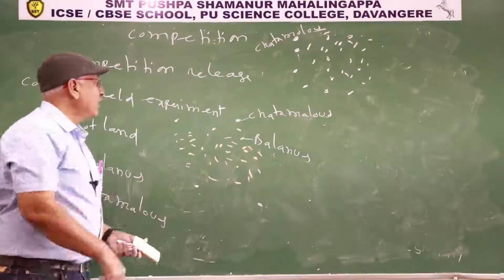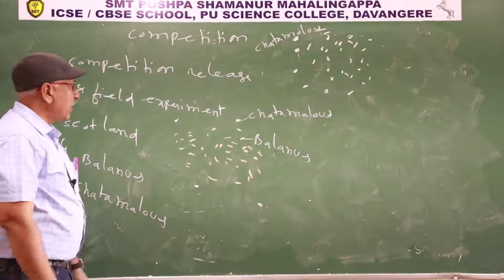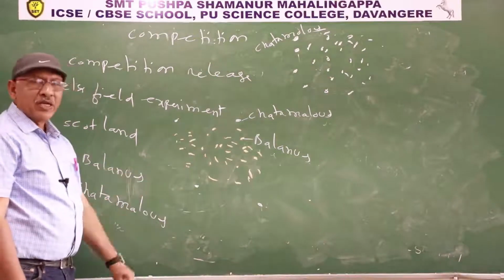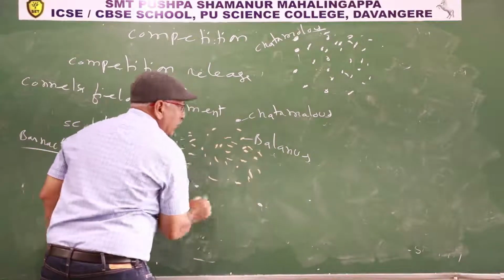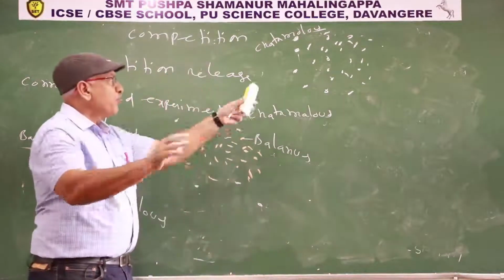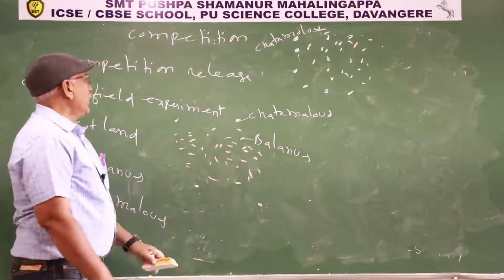So it indicates competition between Balanus and Chthamalus. In presence of Balanus, in this diagram there are only 4 Chthamalus and the remaining are Balanus. Once they removed all Balanus, the entire area within a few days was occupied with Chthamalus. It is known as competitive release.